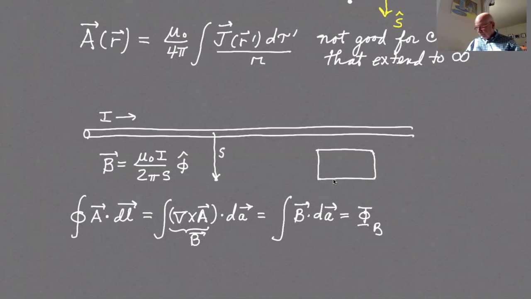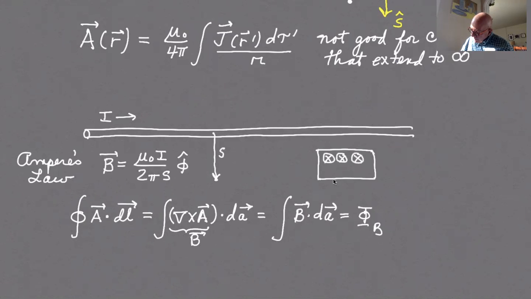And where did this come from? This came from Ampere's law. So we know that through this loop, the magnetic field is cutting into the plane of the board.